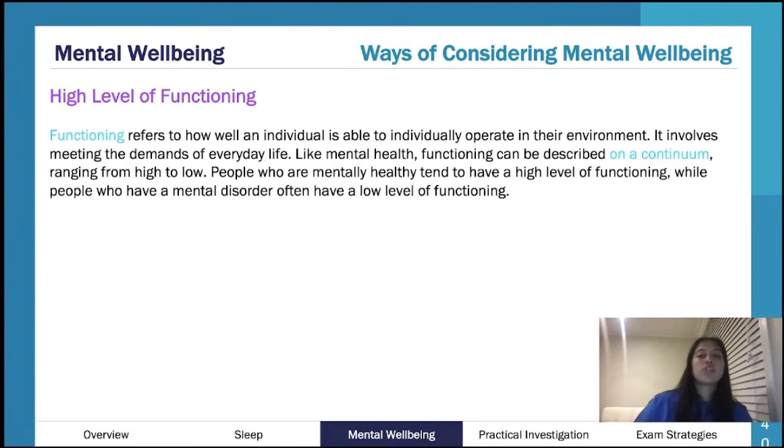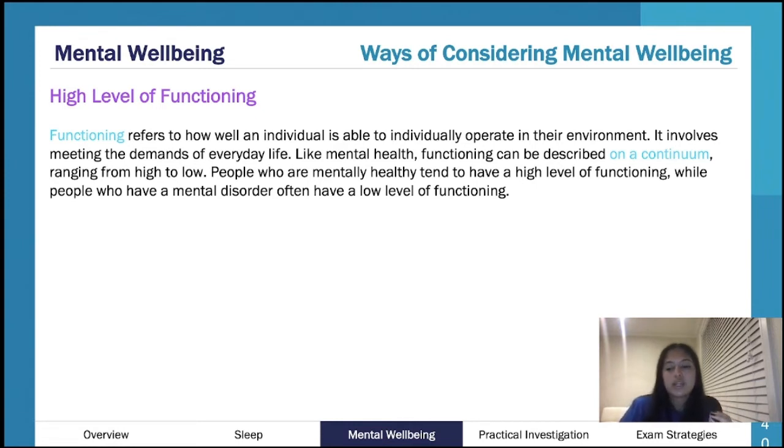Okay, so in terms of ways that we consider mental well-being, this idea of a high level of functioning. So functioning, it's a very general term. It's basically just this idea that the person is functioning well and able to meet the demands of life almost.